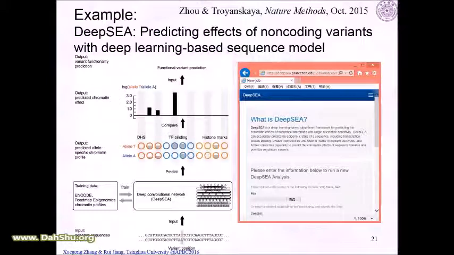This is also obtained by using a huge amount of training data on this deep convolutional neural network. And from there, they have a server. You provide some sequence input, and they give you the score of the output.